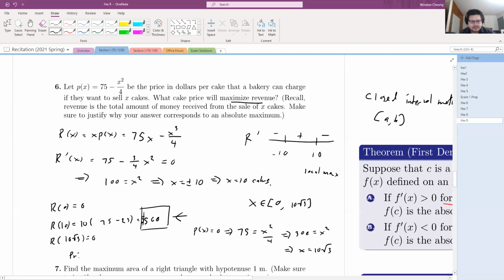Something's funny here. Hold on. Okay, I see. It's asking for the cake price, but I have things in terms of revenue. So this value is revenue and x is 10. So actually the price is going to be 50. A price of 50 per cake will maximize revenue by the closed interval method. I'm just going to abbreviate that for the sake of time.